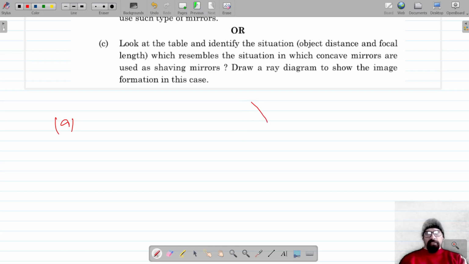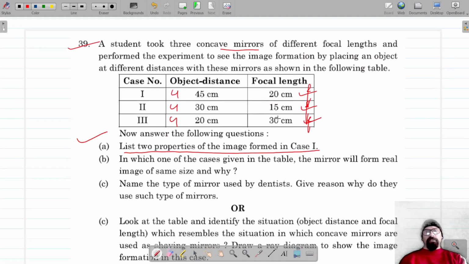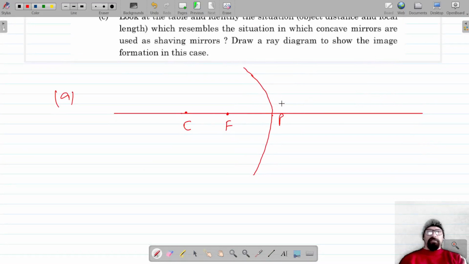We all know that a concave mirror has the reflecting surface curved inwards. Let's say this is the pole, and this is the center of curvature, and this is the focal length. It's given the focal length is 20 centimeters, which is the distance between the pole and the principal focus.